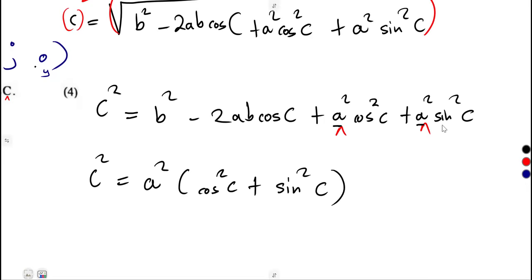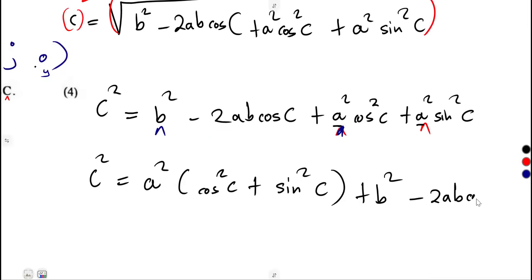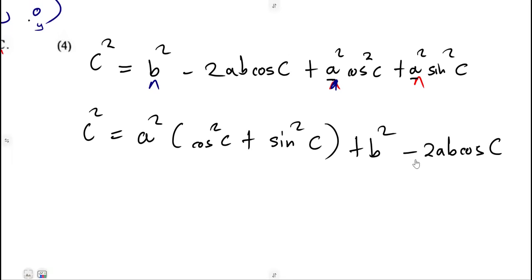If we factor out A squared, these ones remain as they are, the B squared and the minus 2AB cos C. So this is where we are.